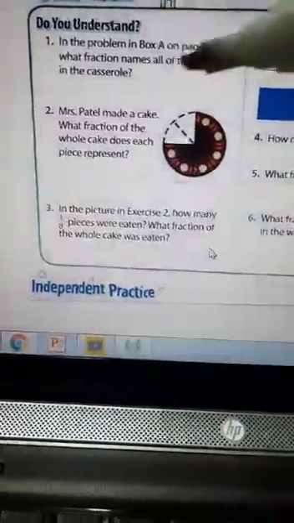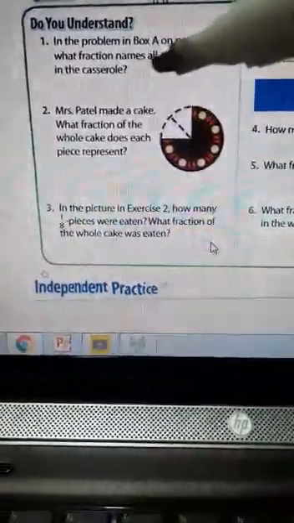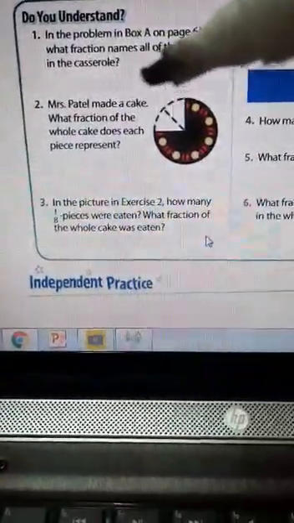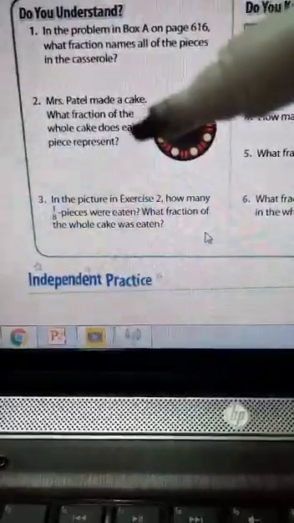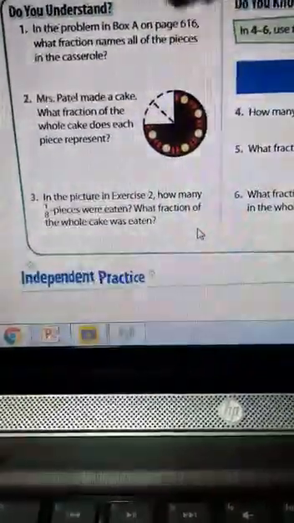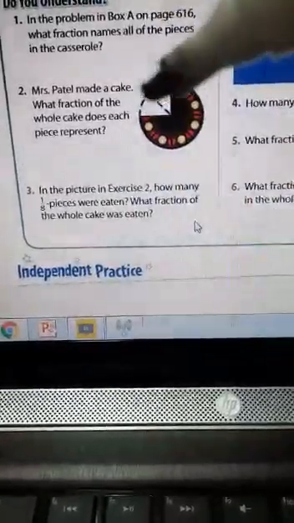Number 2, Mrs. Battle made a cake. What fraction of the whole cake does each piece represent? Each piece represents 1 unit. Okay? You write the answer.